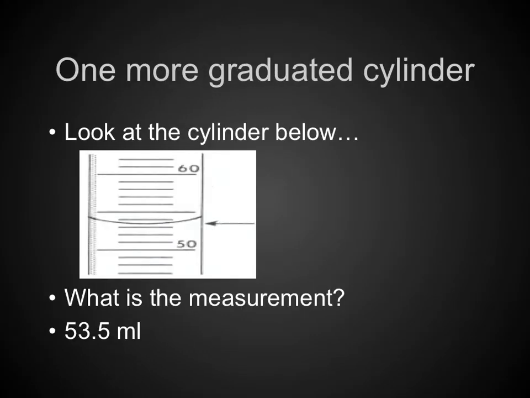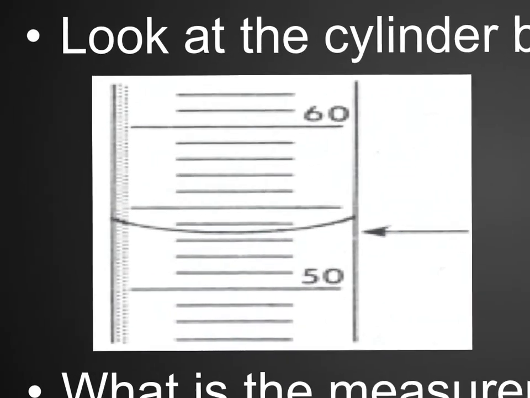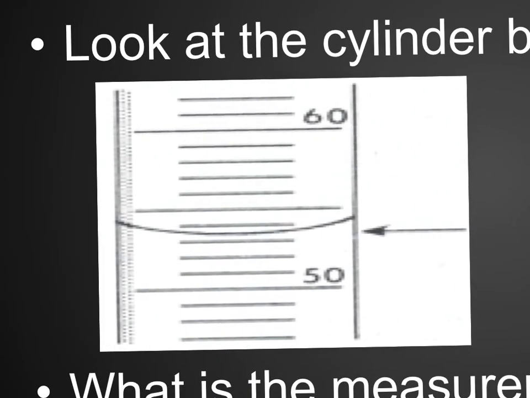Okay, here's one more for practice. Let me zoom in so that we can see. Again, we're between 50 and 60 milliliters. So if this is 50, this is 51, 52, 53. So 53 is what I would know for certain. 54 is right here.